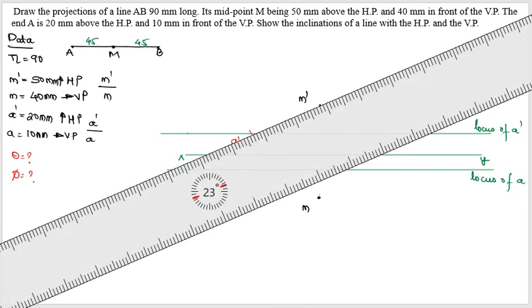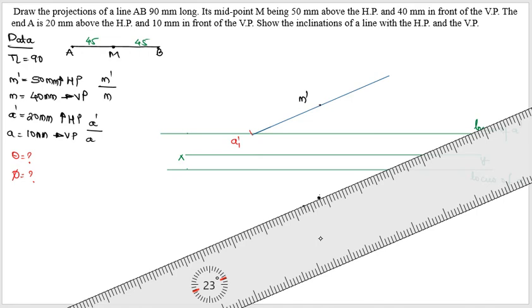I'll use blue color marker for true length. This will represent my true length. So 45 millimeter here, and you have to extend it beyond this line by another 45 millimeter. After drawing this, you will get a point, which we can name B1 dash.